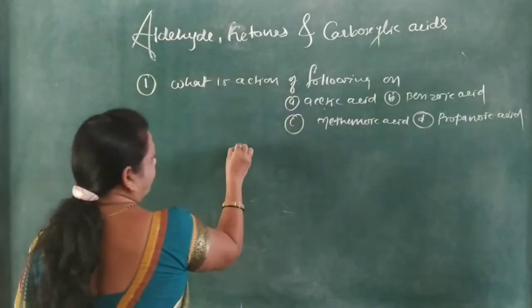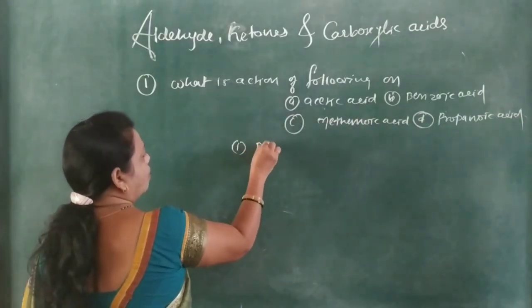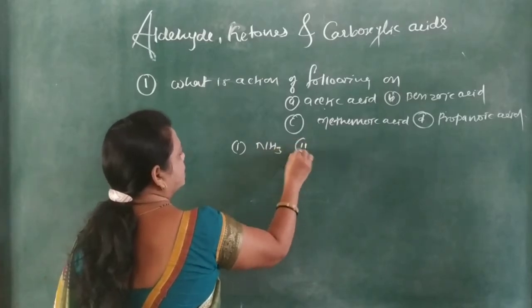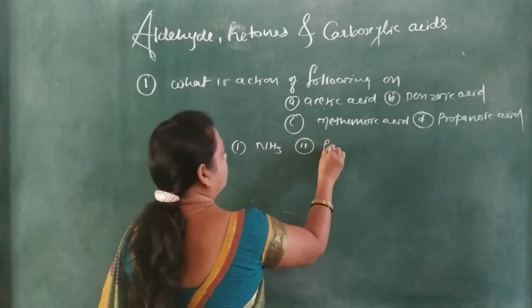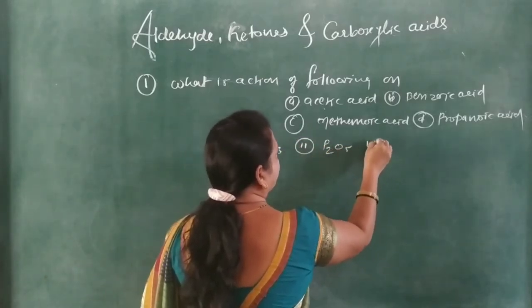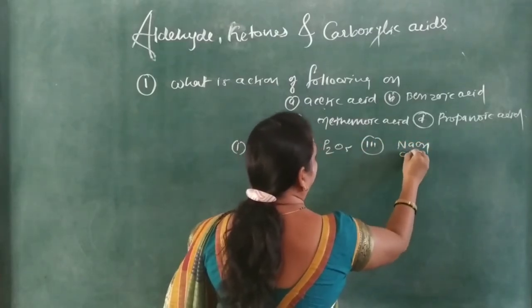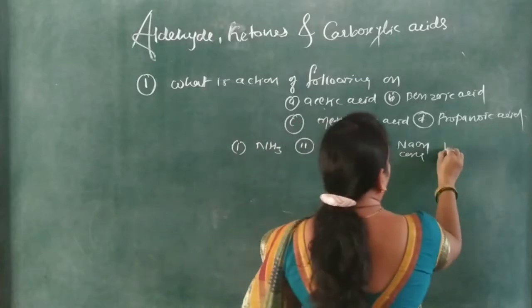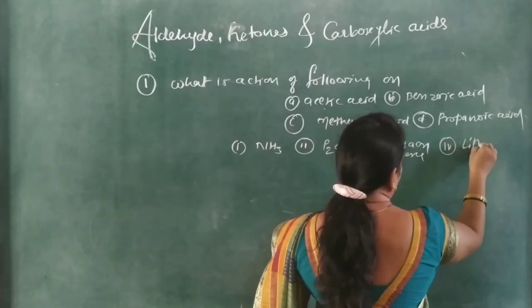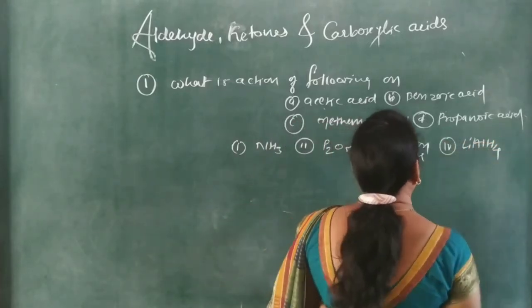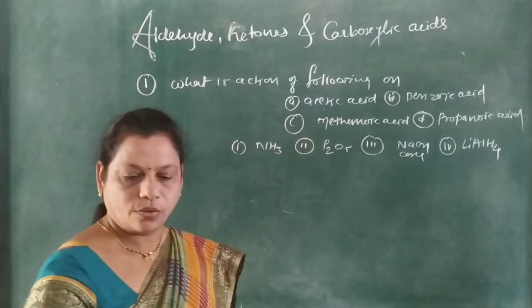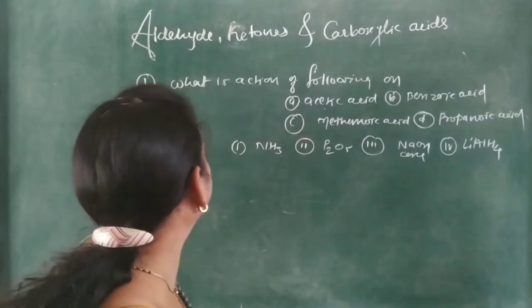That is, first ammonia, second P2O5, third concentrated NaOH, and fourth LiAlH4, means reduction.